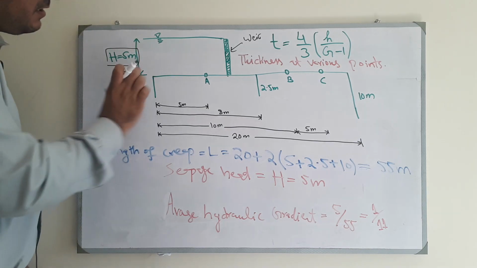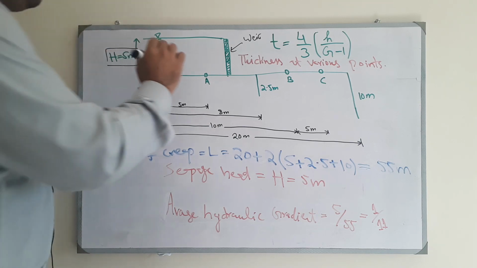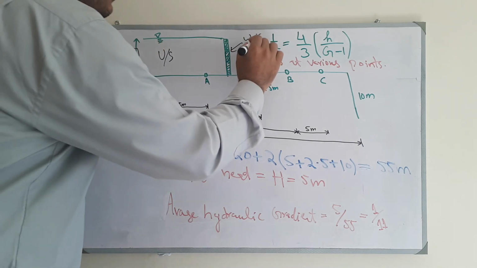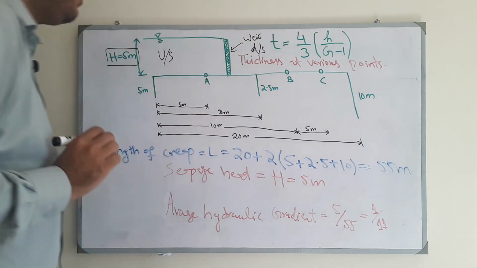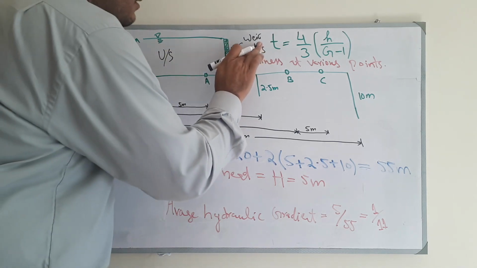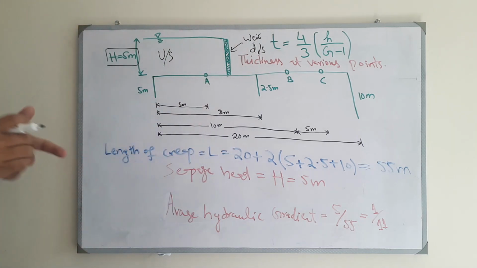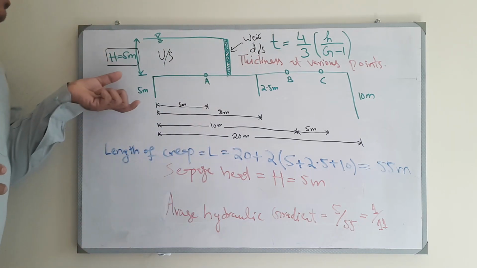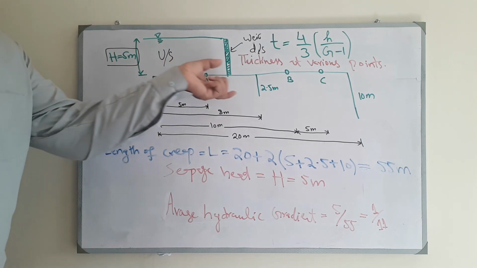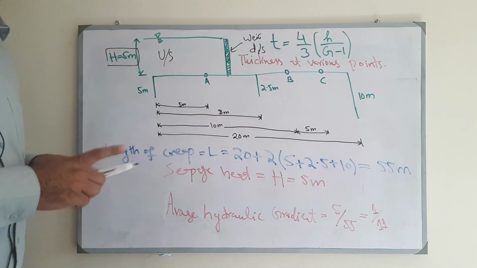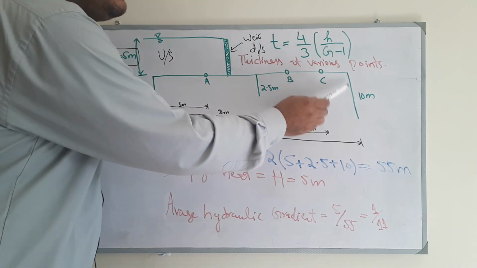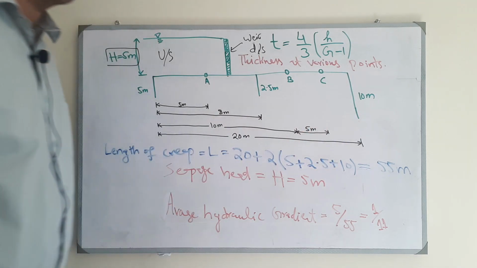There is a sheet pile at the upstream. This is basically the upstream, and this is basically the downstream side. So here is a sheet pile at the upstream of depth 5 meter. Then there is an intermediate sheet pile of depth 2.5 meter, and then there is a downstream sheet pile of depth 10 meter.